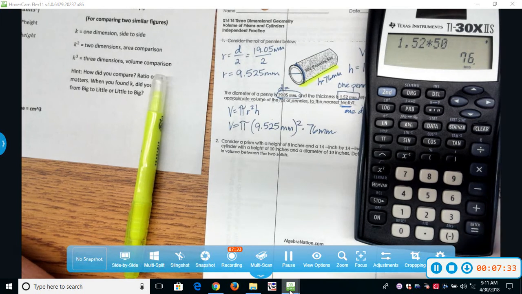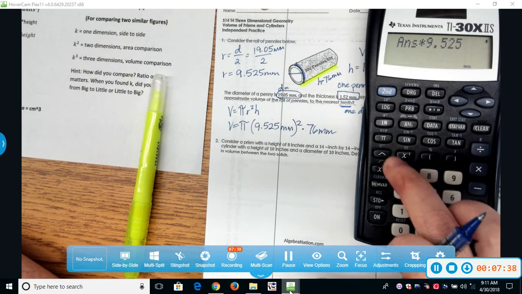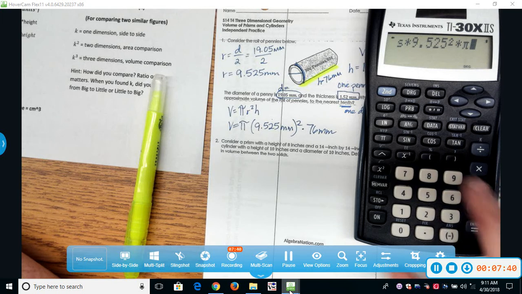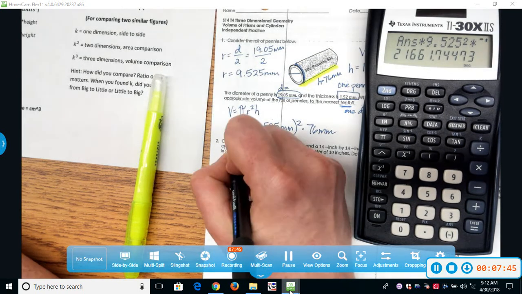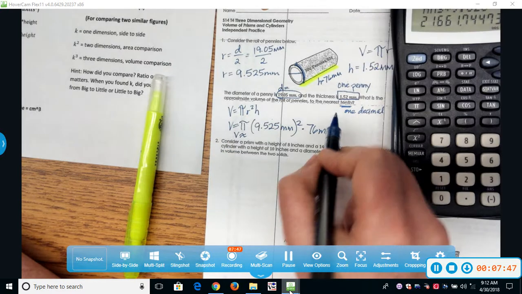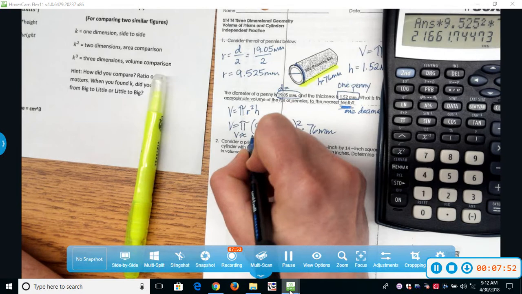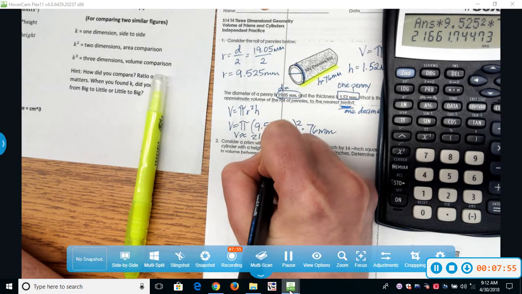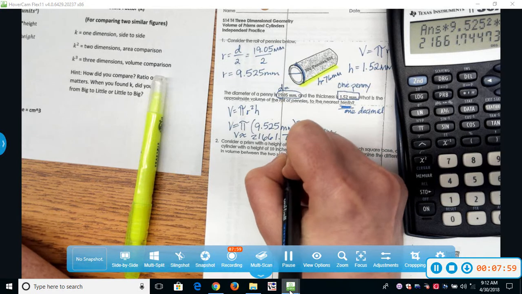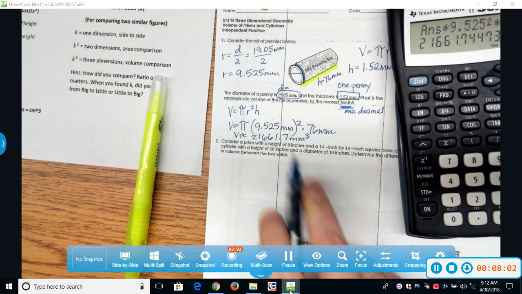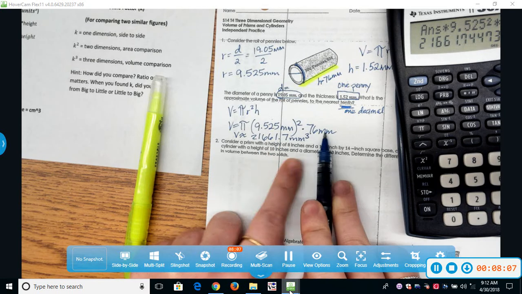I already have 76 in my calculator, times, square that, times a pi, because it's a circle base. All right, so my approximate volume, remember we're rounding to the nearest tenth, is 21,661.7. And my units are millimeters cubed, because I have millimeters times millimeters.